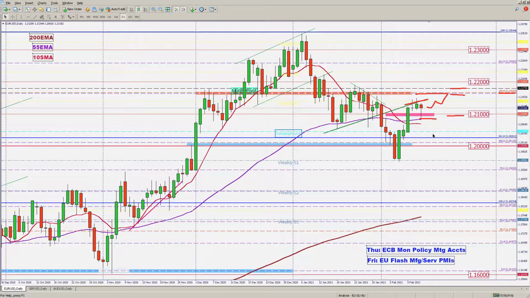And below that, previously last week, it bounced from the weekly pivot. So let's see if it's able to find support in this zone here, just above the 162 Fib.